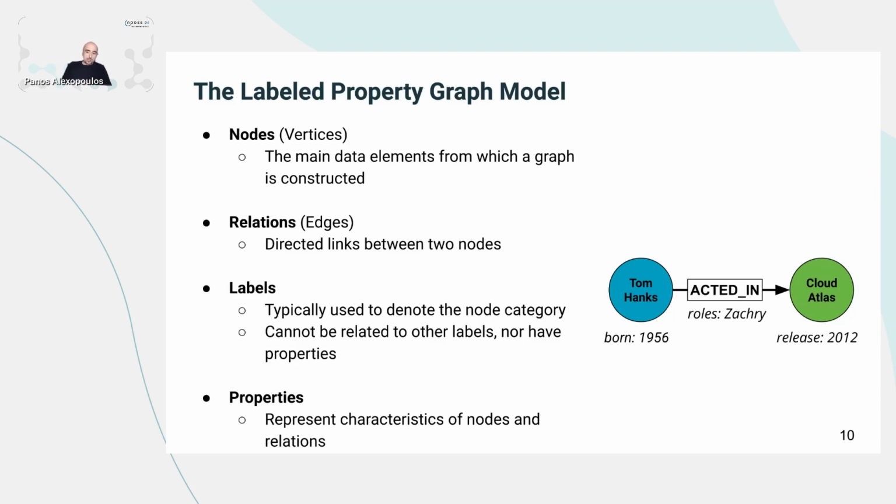In addition, we can have properties about relations. So if, for example, we want to model which roles Tom Hanks has played in the Cloud Atlas movie, then we define a property on the relation acted in between Tom Hanks and Cloud Atlas with the corresponding value.